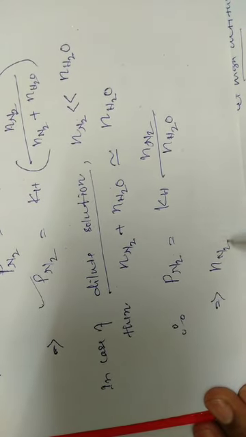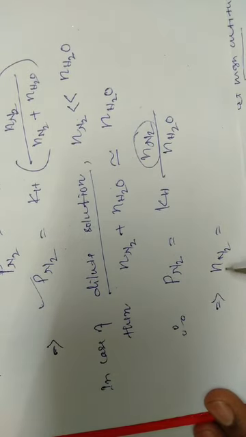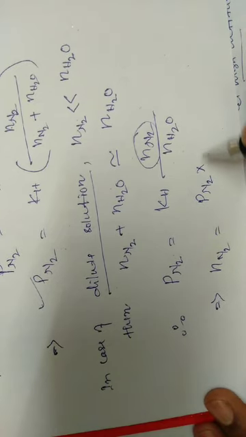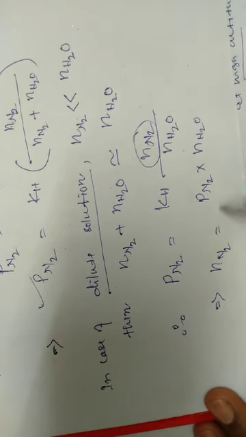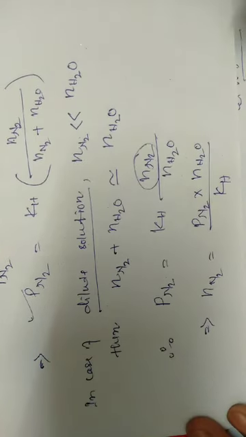Now we have to calculate the number of moles of nitrogen. Cross multiplying, the number of moles of nitrogen equals the partial pressure of nitrogen into the number of moles of water divided by Henry's constant Kh.